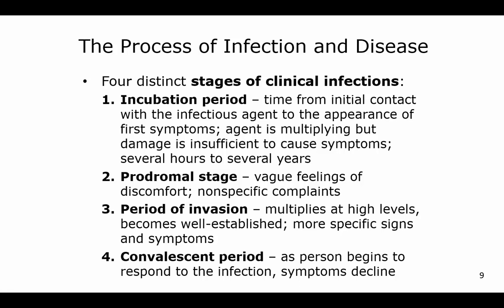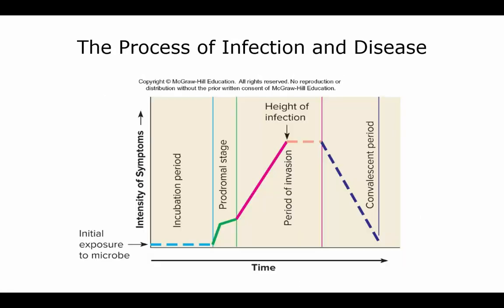Remember that the agent, the microbe, is probably multiplying, but you're not able to see any of the symptoms yet. So if we look at the chart, the graph that I told you about, remember that the incubation period would kind of follow that lag stage, wouldn't it? Right? So it's multiplying, but you don't really see any of the symptoms. So basically you've been exposed, but yet you're not really seeing any of the signs and symptoms.